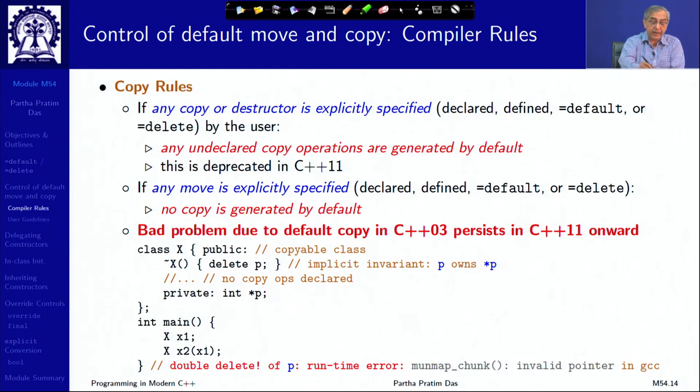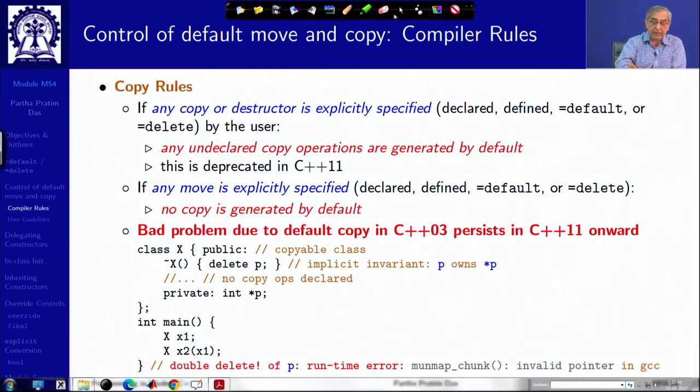Because of this default copy you could have some very nasty problems which are very easy to create. Say you have a class X which has a pointer to something you have dynamically created, and therefore your destructor has a delete.